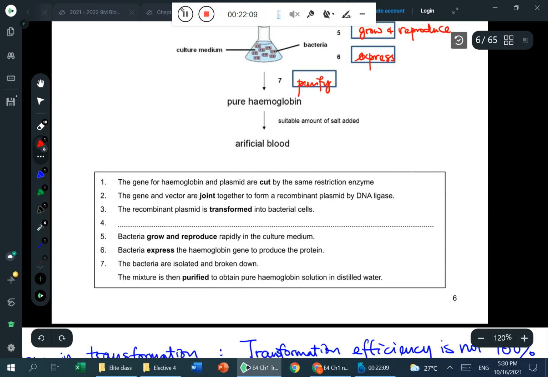So once the recombinant plasmid is transformed into bacterial cells, the bacteria with recombinant plasmids are selected by antibiotics.